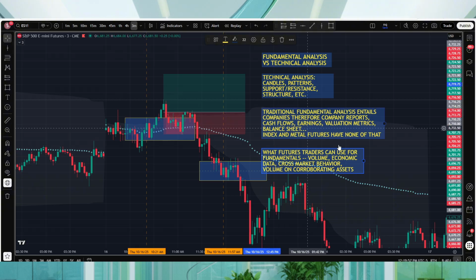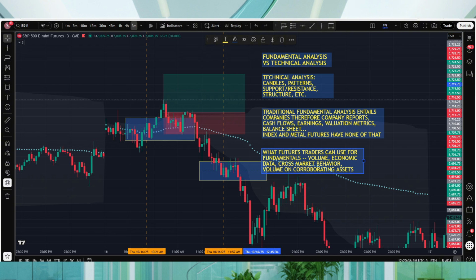Traditional fundamental analysis entails companies, therefore company reports, cash flows, earnings, valuation metrics, balance sheet, etc. But index and metal futures have none of that. So how do we as futures traders incorporate fundamental analysis into the broader picture of taking trades? We use volume, we use economic data, NFP, CPI, cross market behavior, which is what we're doing here: we're looking at different markets and seeing how those markets can influence the market that we're trading. And of course, what I use specifically is volume on corroborating assets.